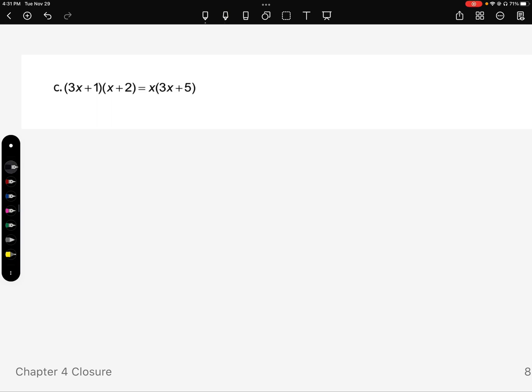So let's get started on that one. We have the 3x plus 1 times x plus 2. Let's take it and set up our generic rectangle, or the box. So 3x plus 1, x plus 2. Let's multiply. 3x times x is 3x squared. 3x times positive 2, 6x.